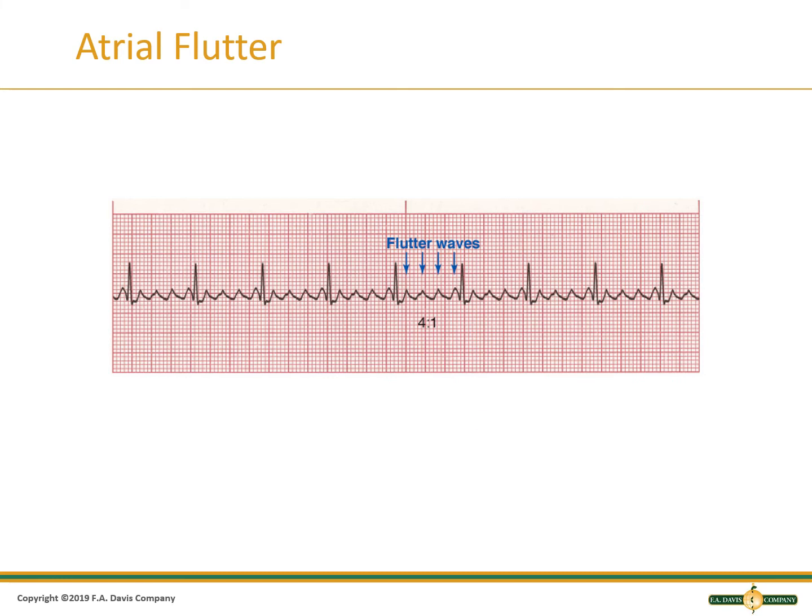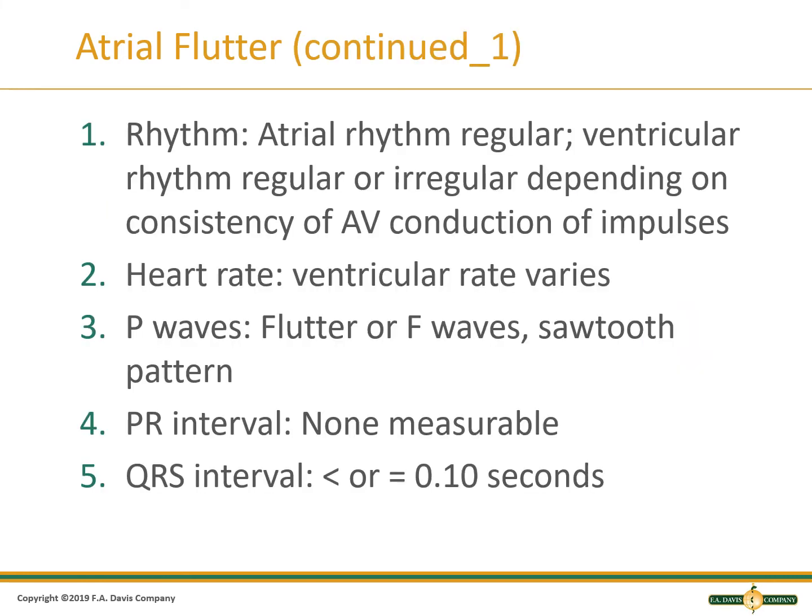Causes of atrial flutter may include rheumatic or ischemic heart diseases, CHF, hypertension, pericarditis, pulmonary embolism, and postoperative coronary artery bypass surgery. Many medications can also cause this arrhythmia. So for atrial flutter, the atrial rhythm could be regular, and the ventricular rhythm could be regular or irregular depending on consistency of AV conduction of impulses.